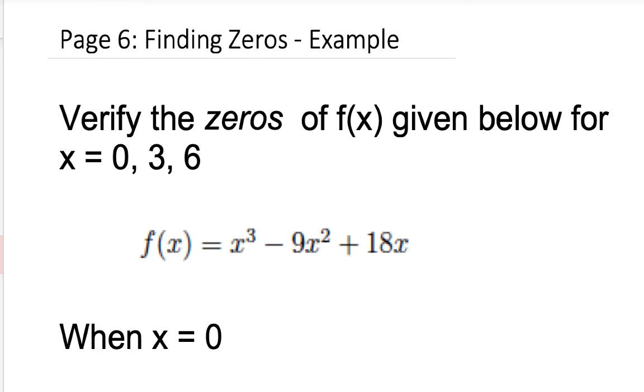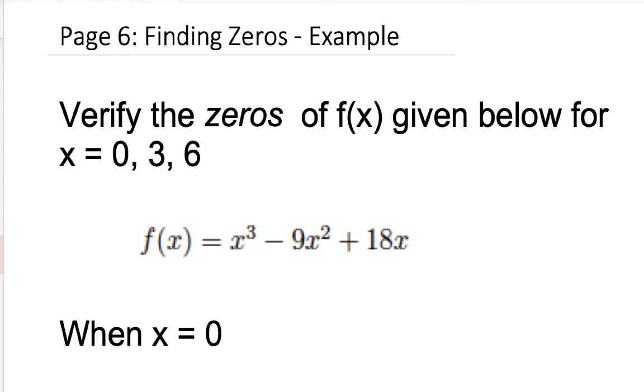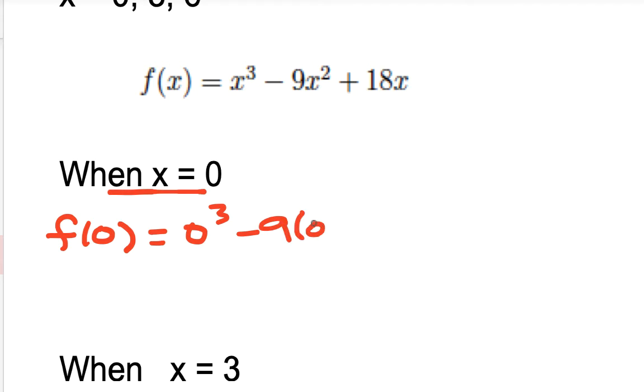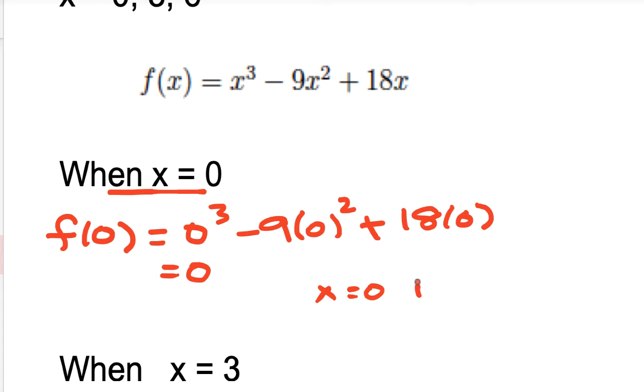So let's go ahead and verify whether these 3 x values are the zeros of the function or not. The first one is when x is 0. The only thing you have to do is replace x by a 0. So f of 0 is what? 0 cubed minus 9 times 0 squared plus 18 times 0, which is basically a 0. So clearly, x equal to 0 is a zero of the function f of x.